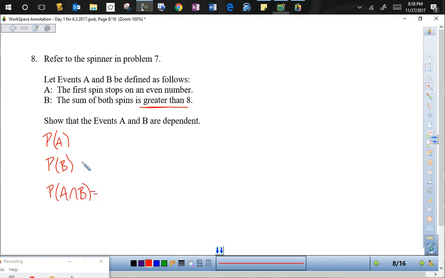Look at each of these. This time we're supposed to show that they are dependent. So we know that this product cannot match up as the intersection here. It's a little bit more difficult to come up with the intersection. You can't just assume that they're equal. In this case, they're actually not equal. So what I'd like you to do is pause the video and see if you can come up with each of those probabilities.